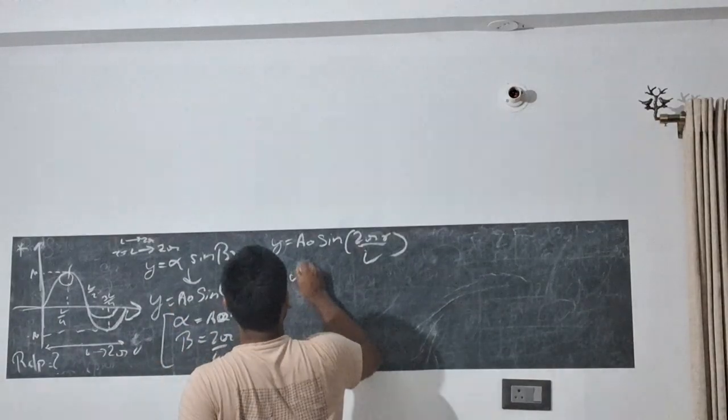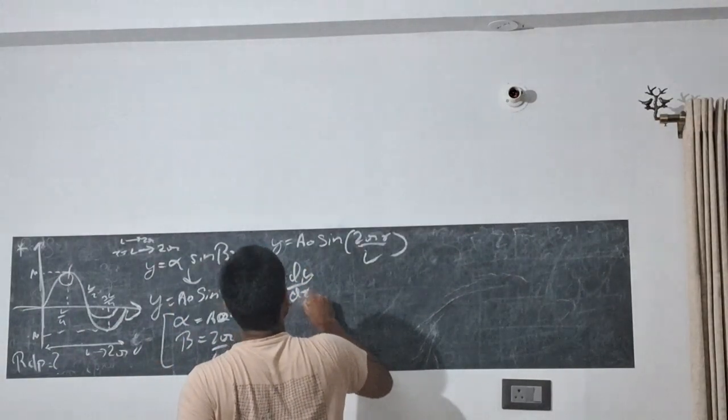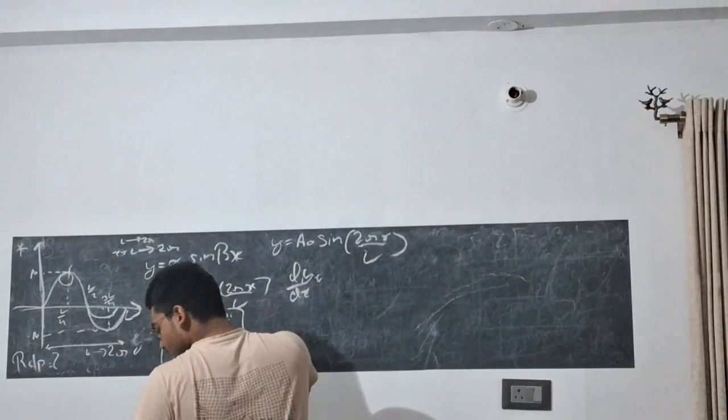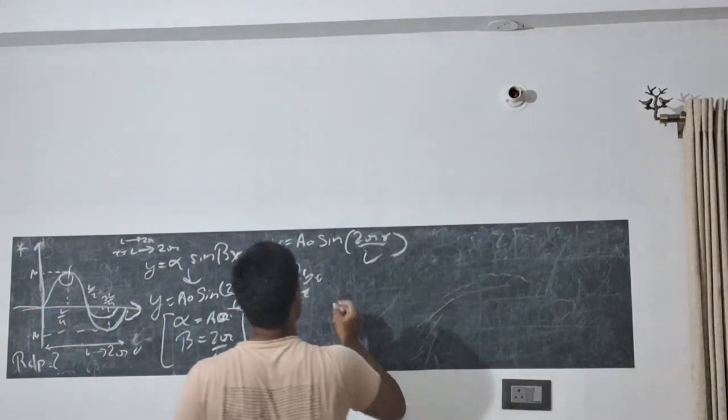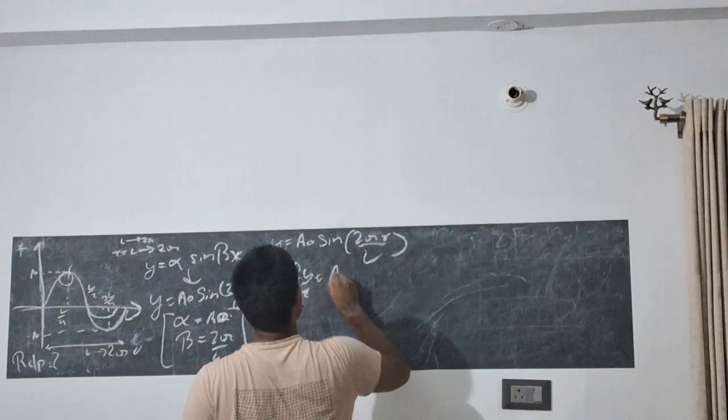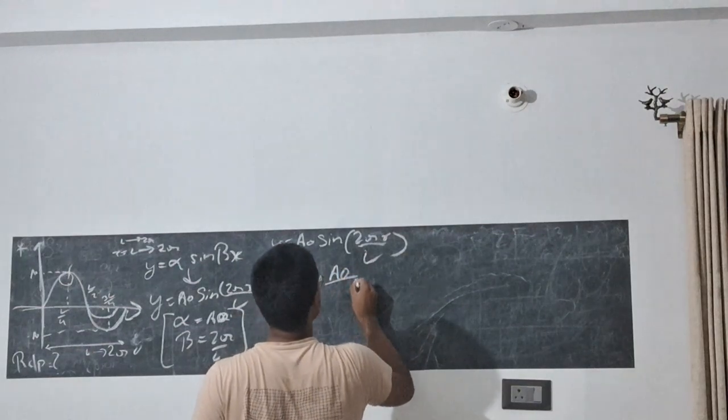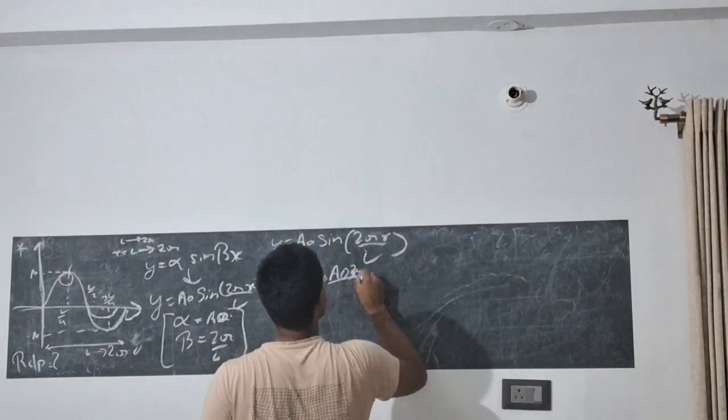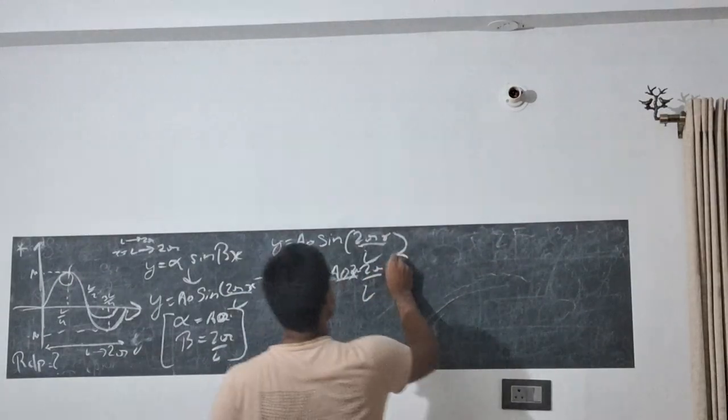The first derivative of this function will be dy by dx is equals to a naught, and sine is not constant. A naught and 2 pi by L are constants here.